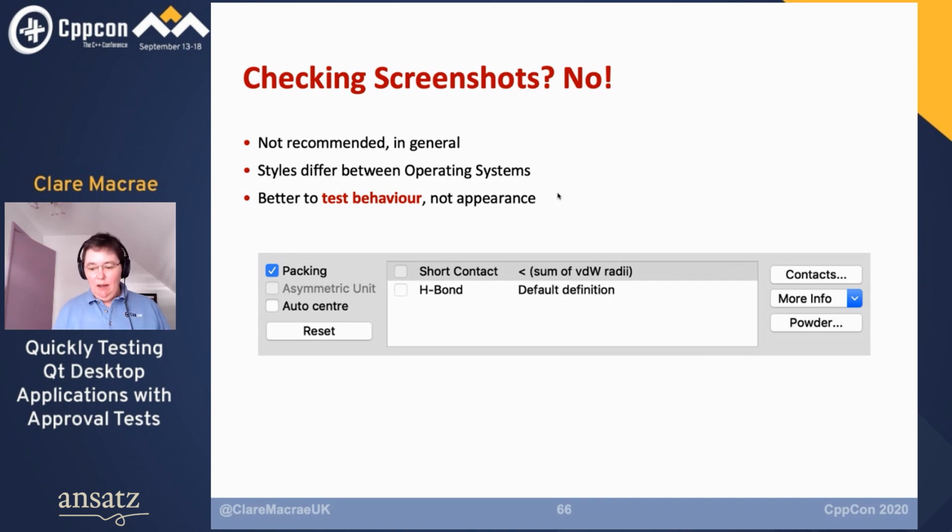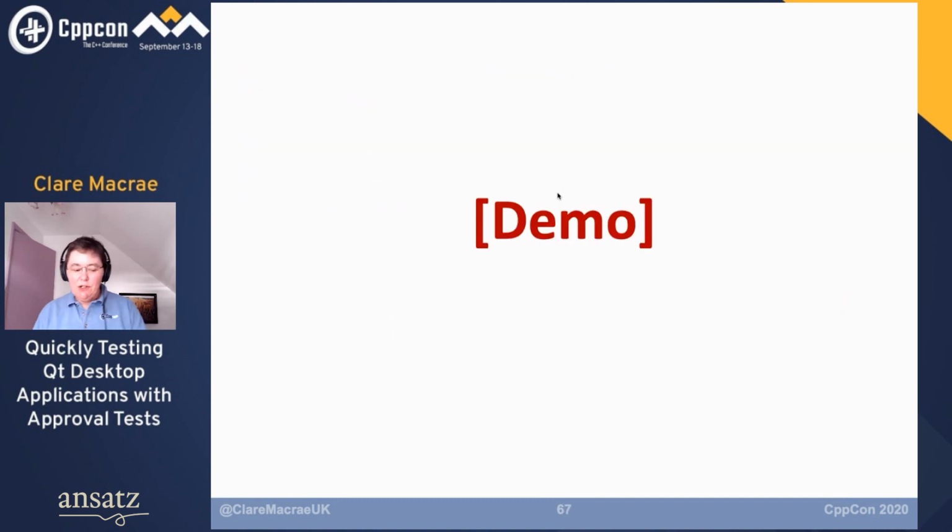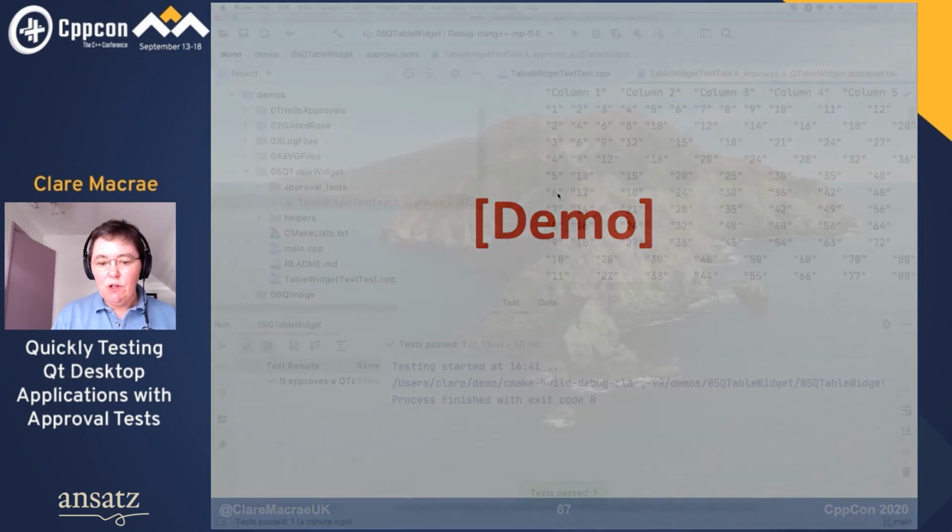They can start failing when there's a minor update to an operating system. They'll behave differently, giving slightly different pictures on different platforms. So this is not the way to test that appearances are unchanged. You really want to test behavior. However, just occasionally, it may be valuable to test saved screenshots.